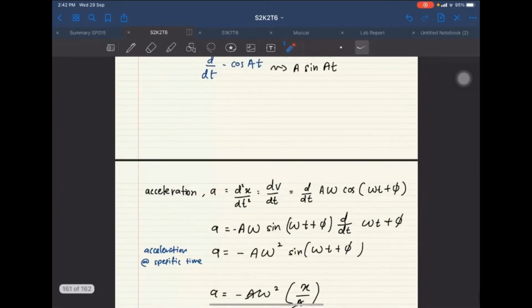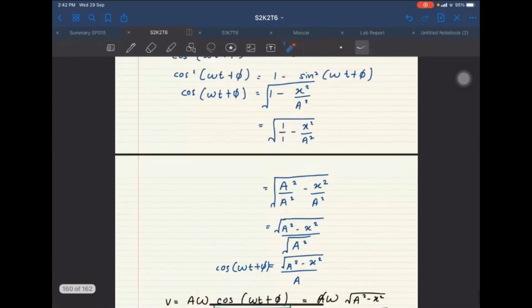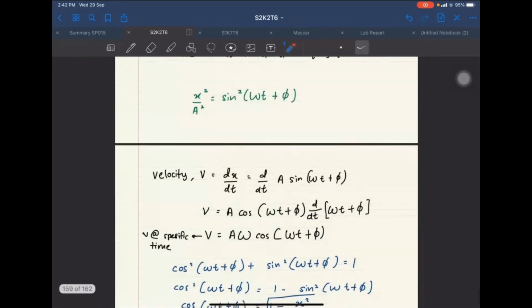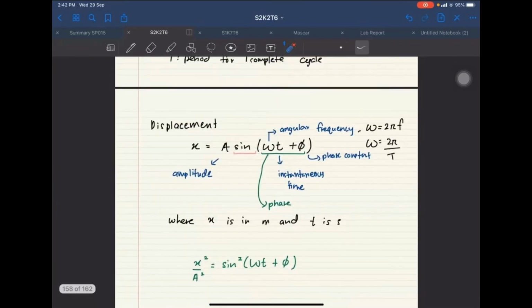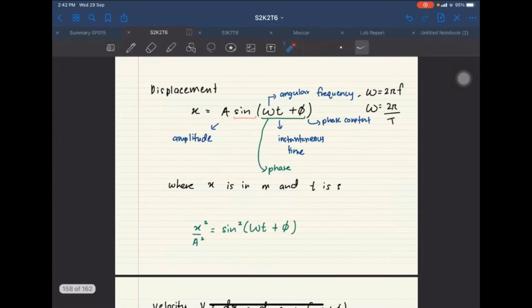Okay, now we want to try to look at a few things. Okay, contohnya ni if you are looking at over here, X tu jadi maksimum masa bila? Equation ni, masa bila nilai X ni berada pada maximum value?